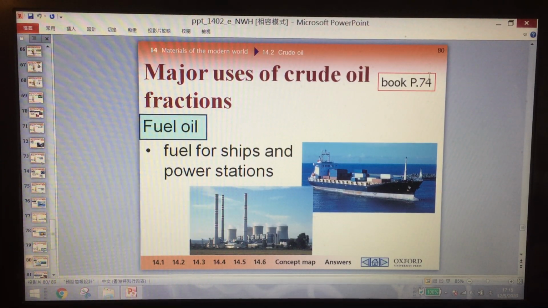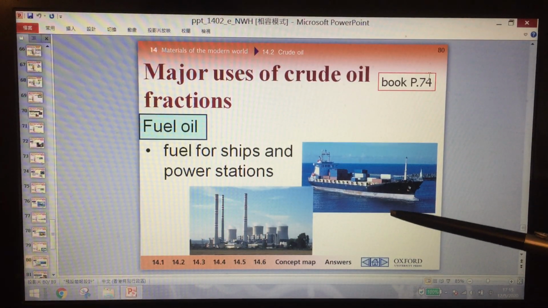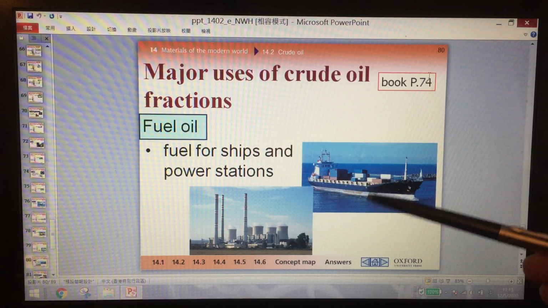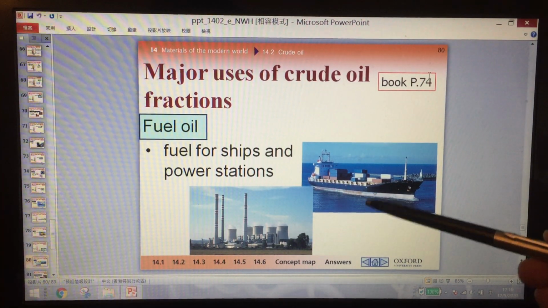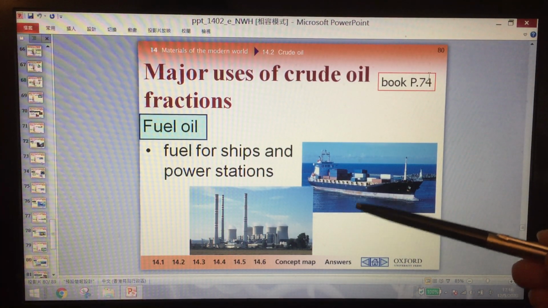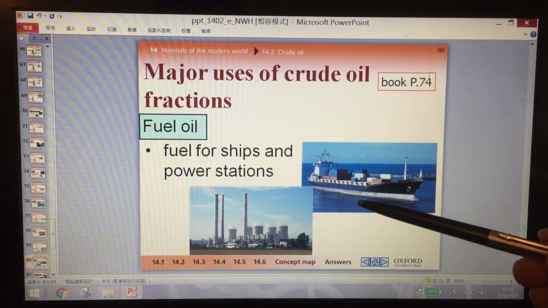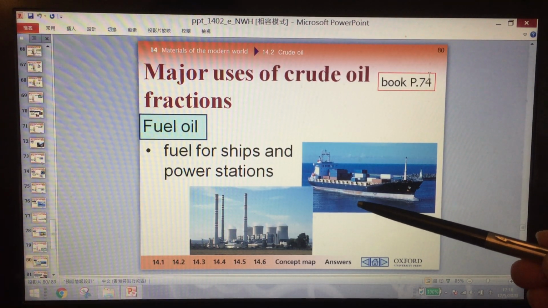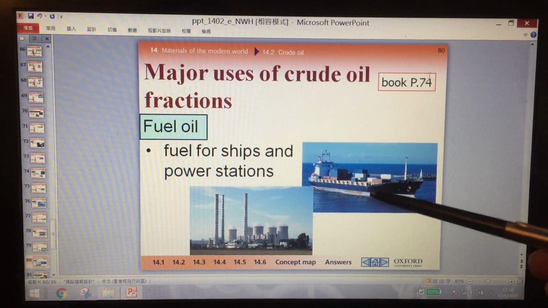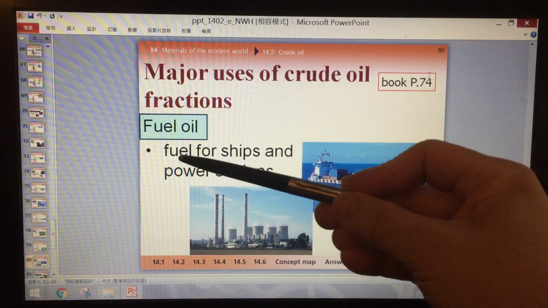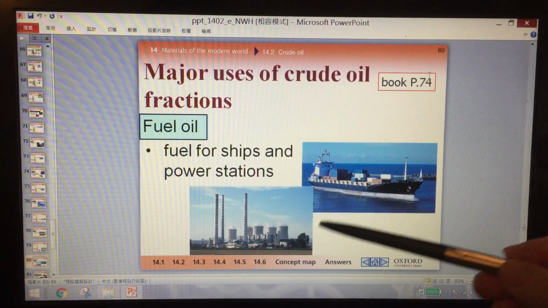For the fuel oil, when burning, the air pollution is very serious, so we cannot use the fuel oil for vehicles, for cars, for bus, something like that. We can only use the fuel oil as fuel for ships and power stations.